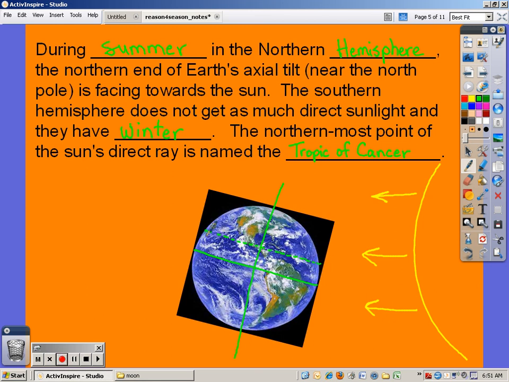In fact, if you were to measure, it's 23.5 degrees north latitude, and that corresponds to the 23.5 degrees tilt that we have on our axis.